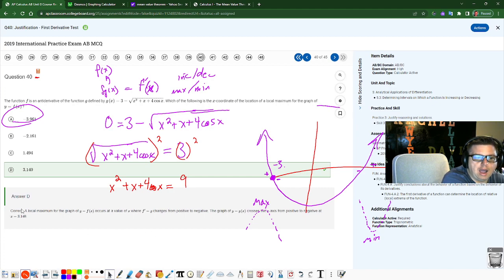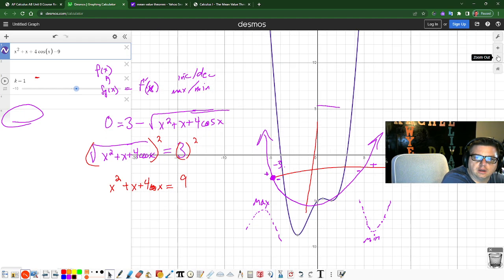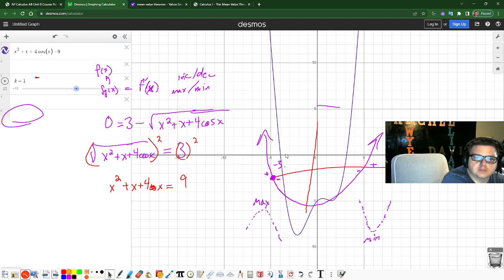What? Local maximum of f of x, where f prime equals g, changes from positive to negative, and then crosses the x-axis. What? I don't know about that. I don't see that here. I don't see that at all. Well, let's see.